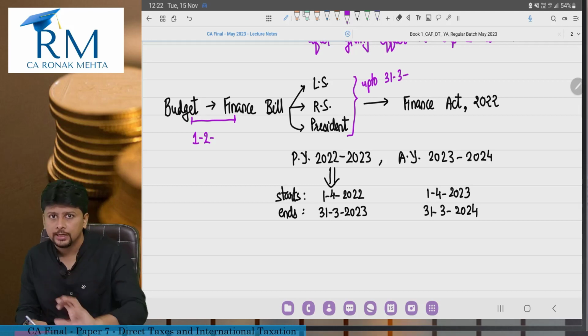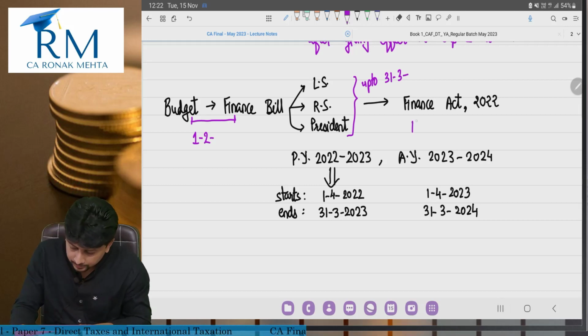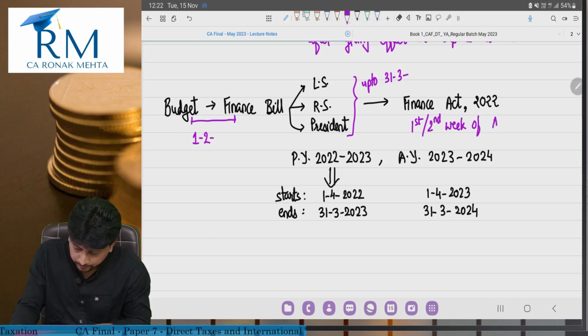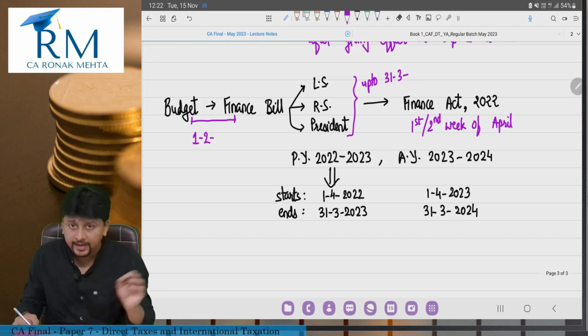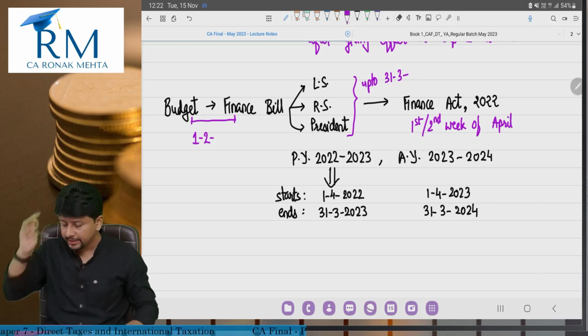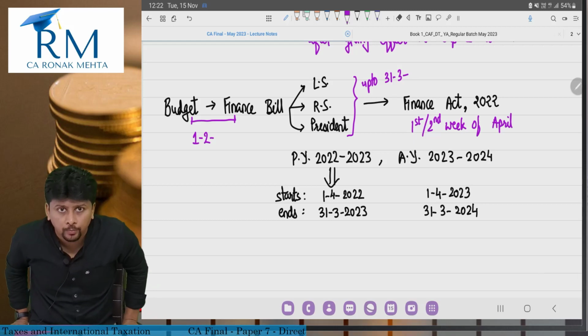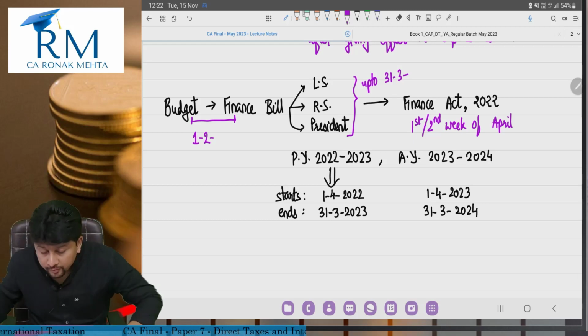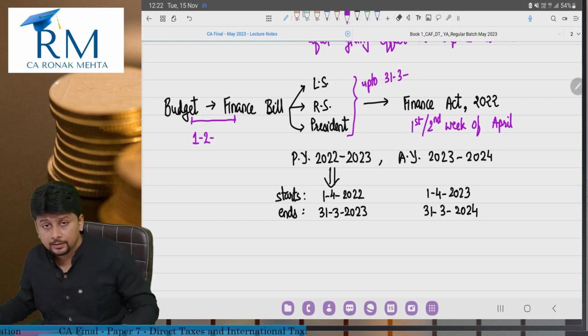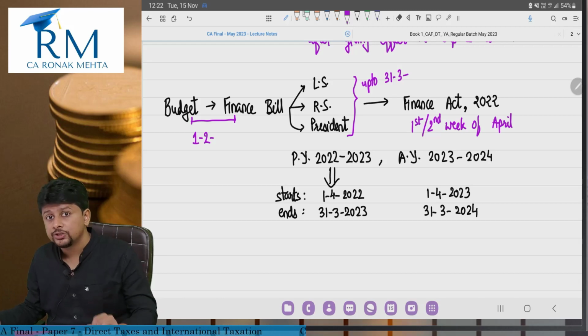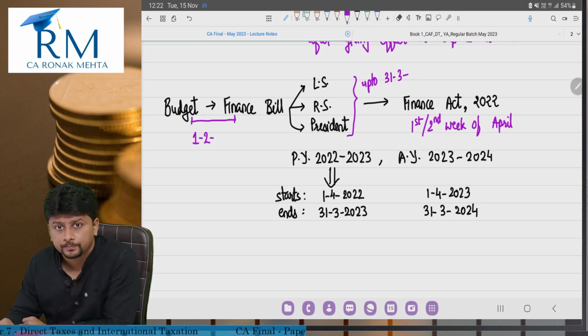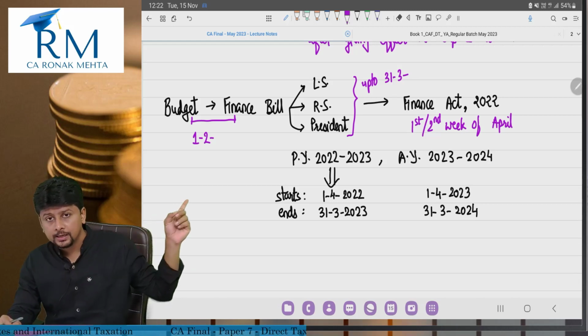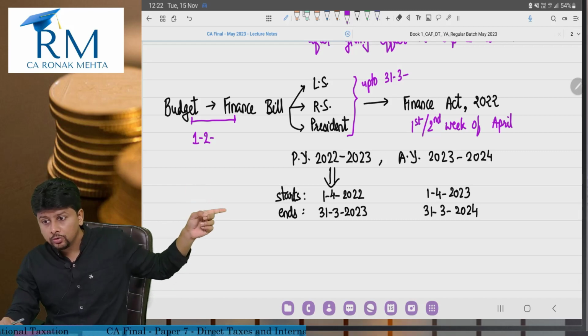So generally you will observe that in the first or the second week of April, the Finance Act is ready. The President has signed it.